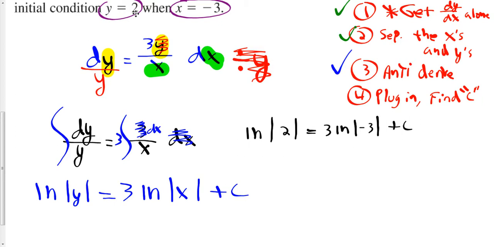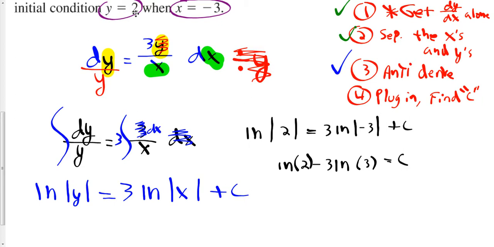Now I could just solve for c at this point, and it would be ln of 2 minus 3 ln of 3, I believe, and that should equal c. We'll verify this a little bit later.